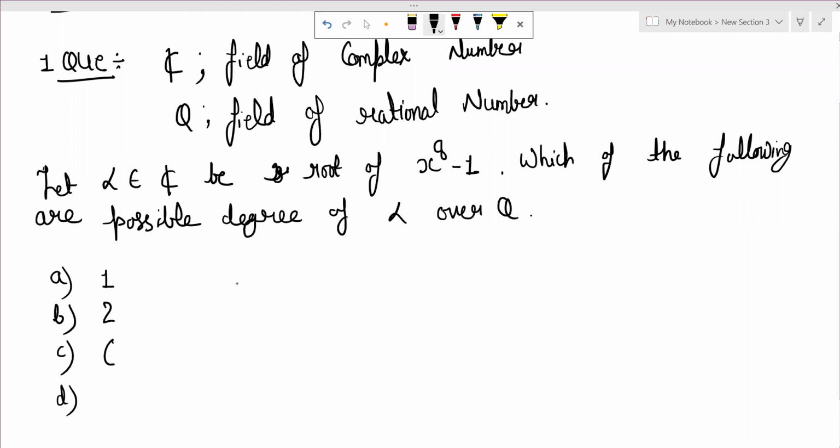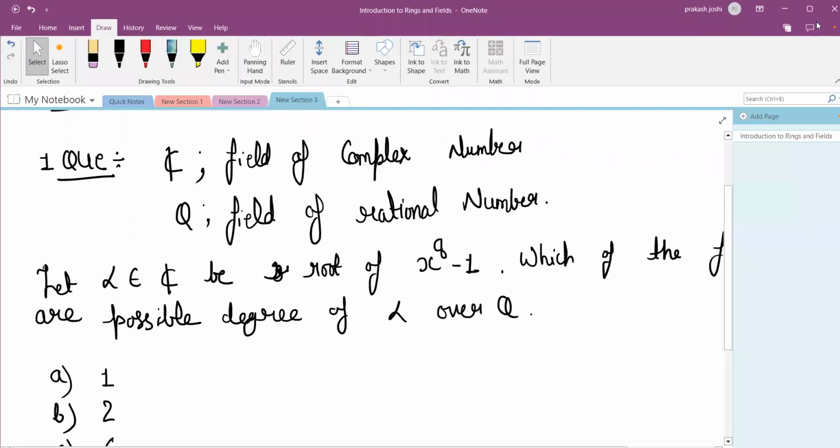So a field is a ring. Ring means commutative ring with identity, in which every non-zero element has a multiplicative inverse. Okay, fine. This is the definition of a field.